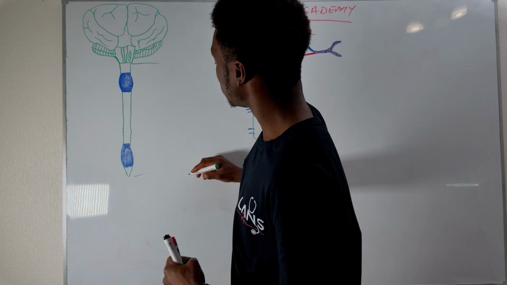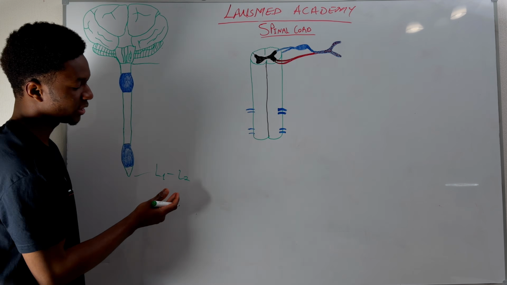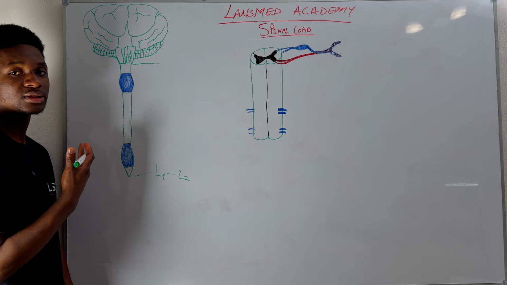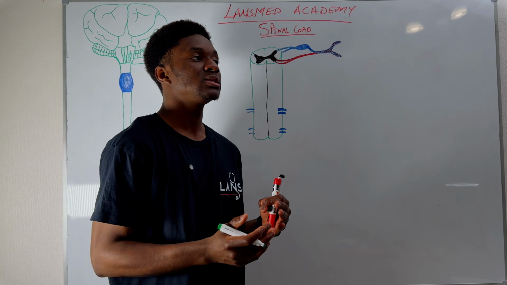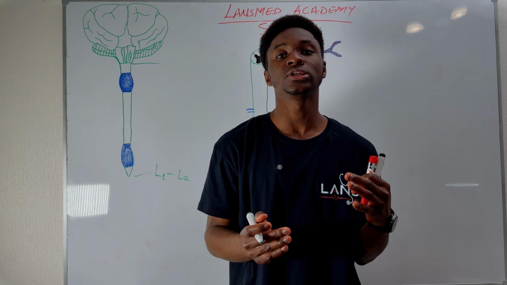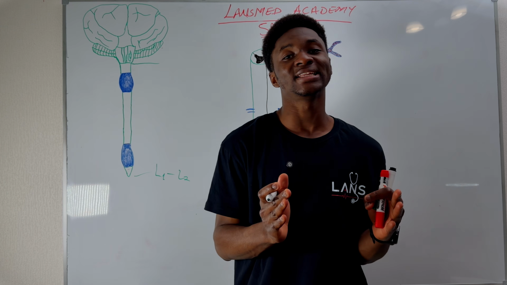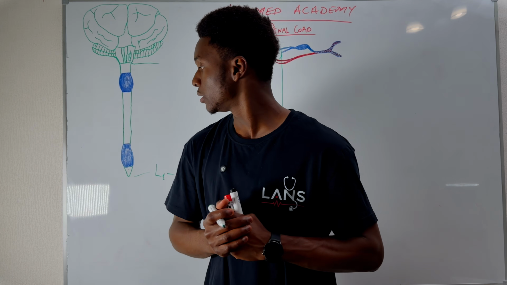Here you have your L1, L2 vertebrae. And at this point, you have the conus medullaris in adults. And I told you that in infants or in early childhood, the spinal cord will actually end at the L3 level of the vertebral column.